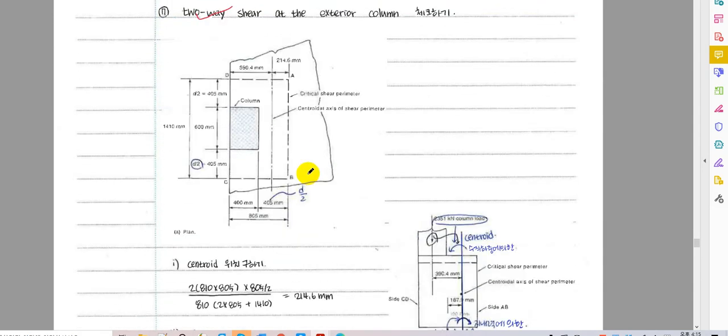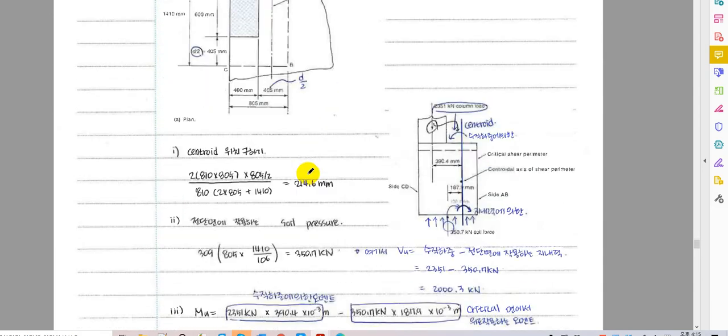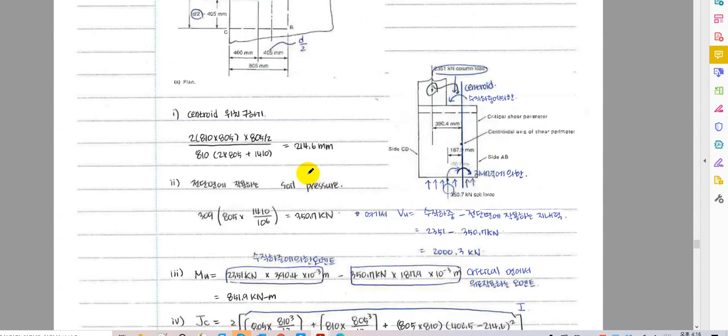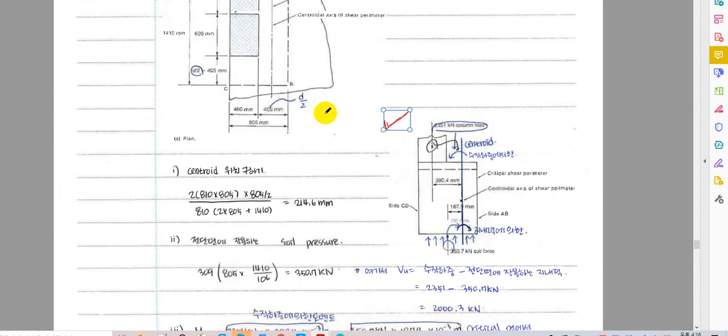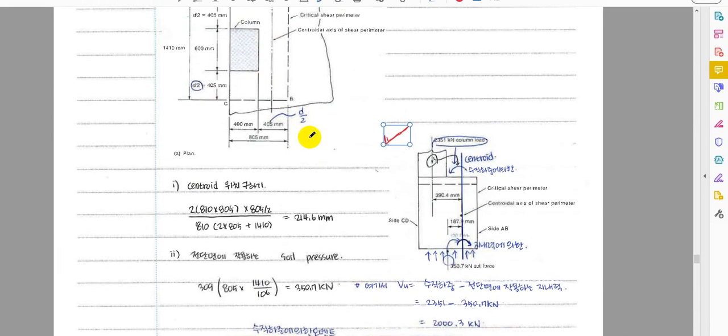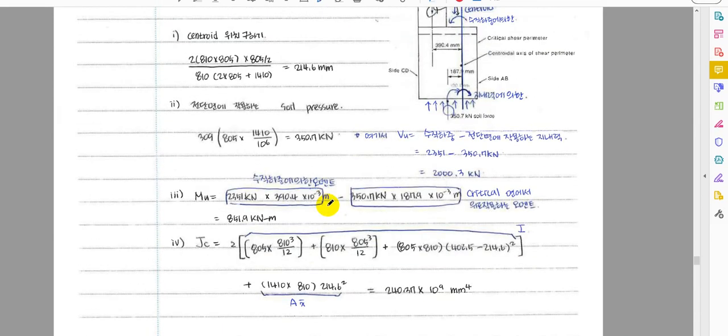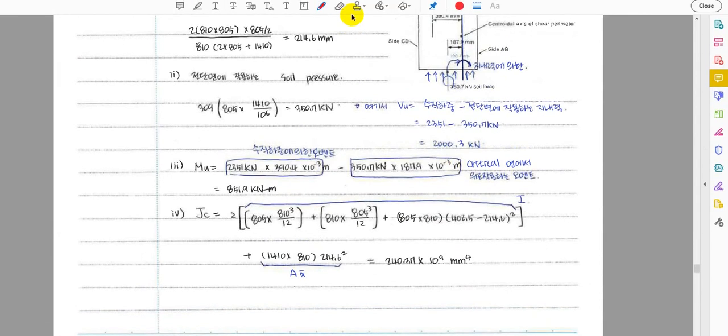Here we're going a little bit into force caused by eccentricities, and this is nothing but a real small calculation to make sure that you're okay for shear eccentricity around the columns. You can follow the calculations here.